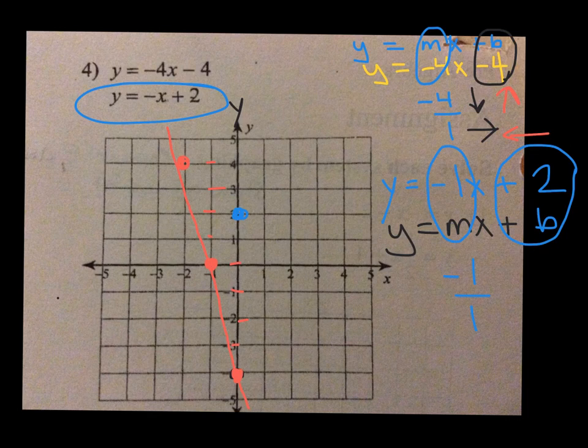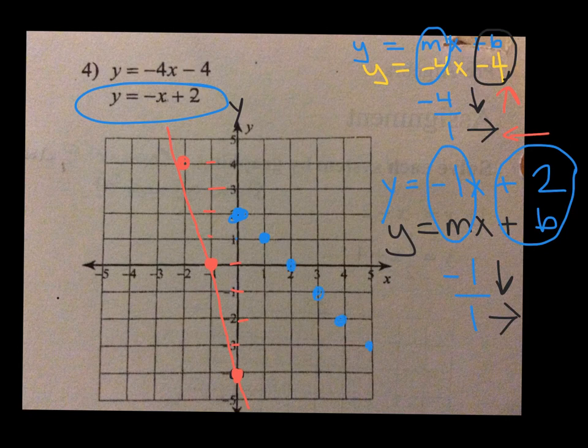And then m is negative 1 over 1. So what that means is that we are going to go down 1 and right 1 because it's a negative slope. So starting at our y-intercept, which is at 2, we're going to go down 1, right 1, down 1, right 1. Keep on going with that.